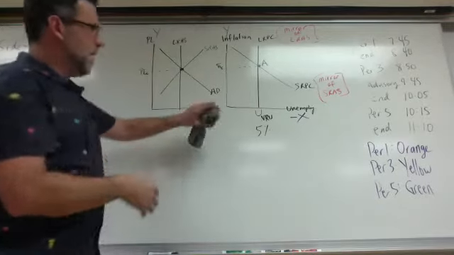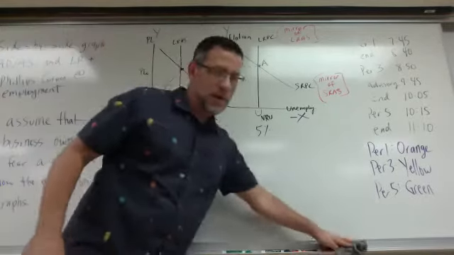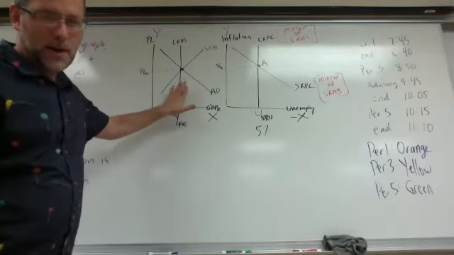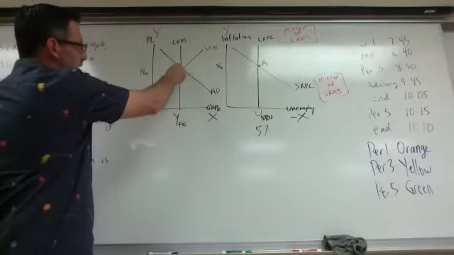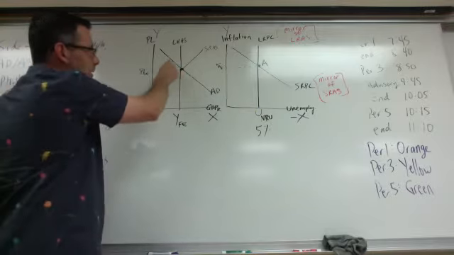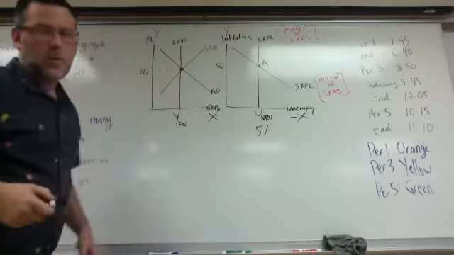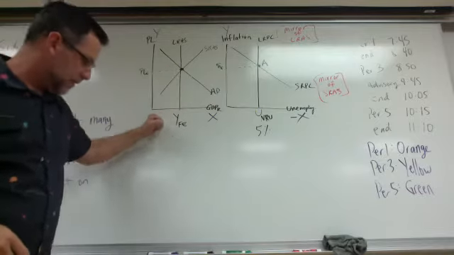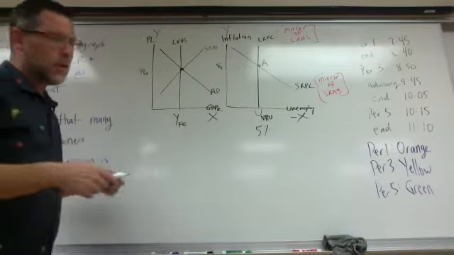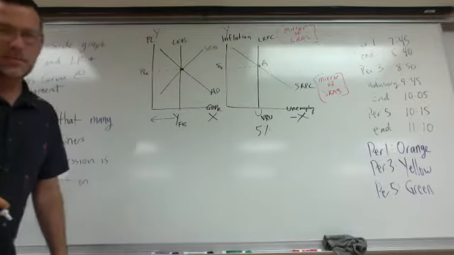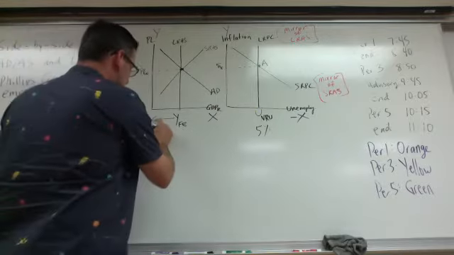All right, so back to this graph up here. We're at full employment right here. If my intersection point was further to the left, over in this area right here, what would that mean? There are a couple of rare possibilities, but we probably have a recession.